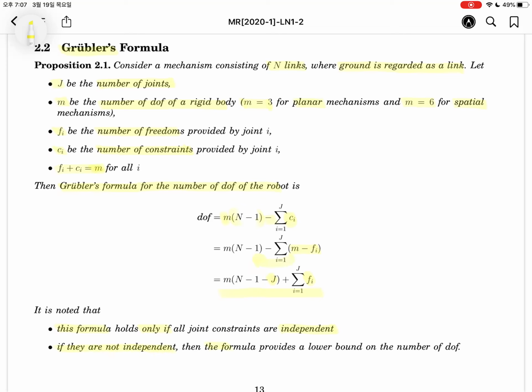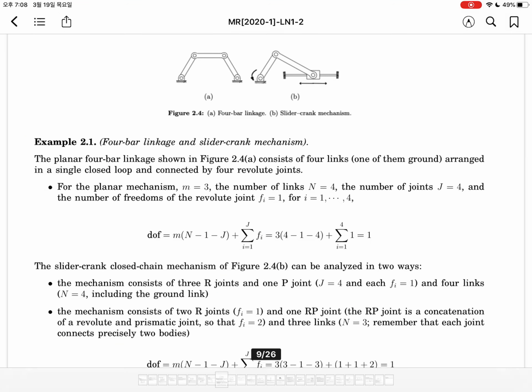If they are not independent, the Grubler formula provides a lower bound on the number of degrees of freedom. It means the actual degree of freedom will be larger than or equal to the Grubler formula result, because it provides the lower limit of the degrees of freedom.